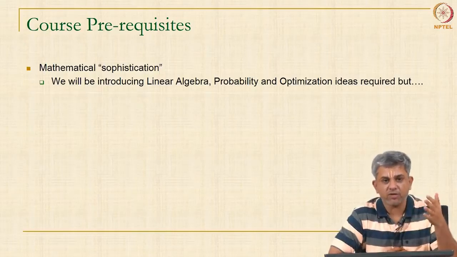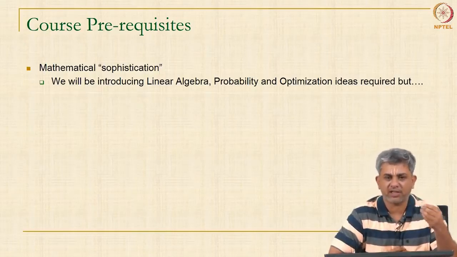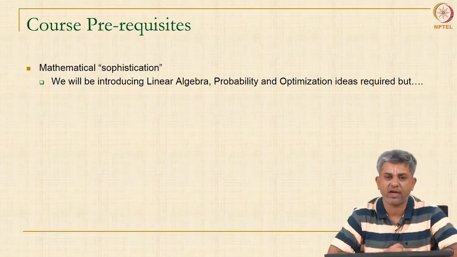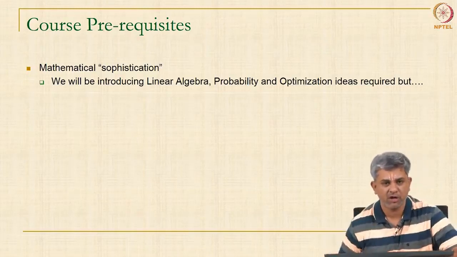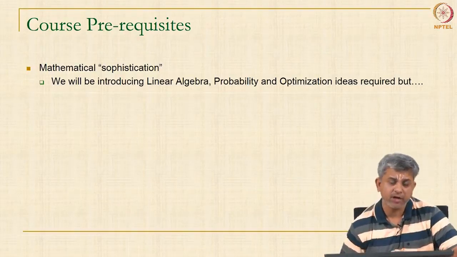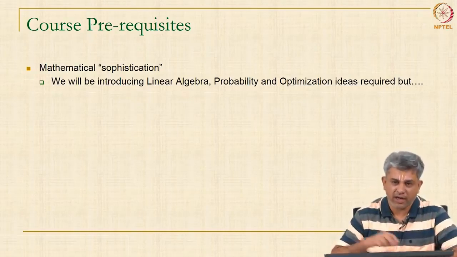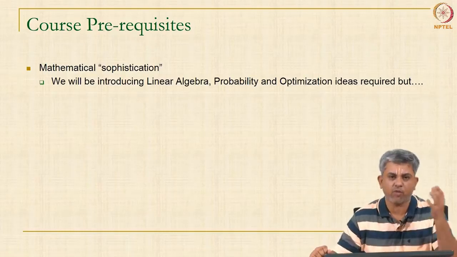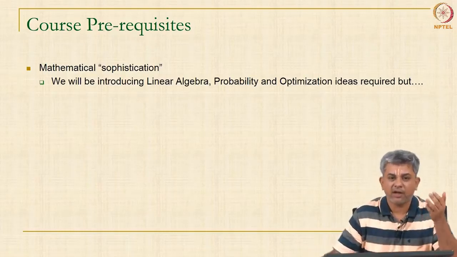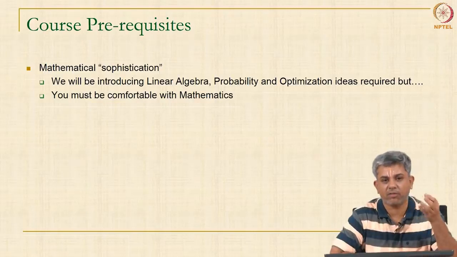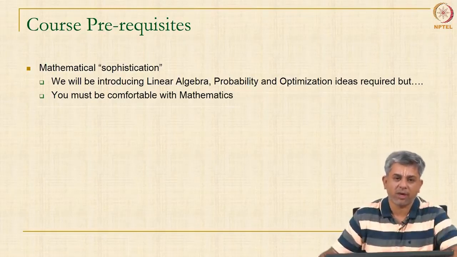While we will be introducing ideas from whatever essential ideas you need, not the whole of linear algebra or probability or optimization for that matter, but we will be introducing you to some basic ideas that are required for the course. Okay. Nonetheless, that portion will be 1 week each, but more importantly you must be comfortable. Okay. Whenever we talk about something in mathematical terms, especially when it comes to probability, you should be comfortable in thinking through these things in a mathematical framework.